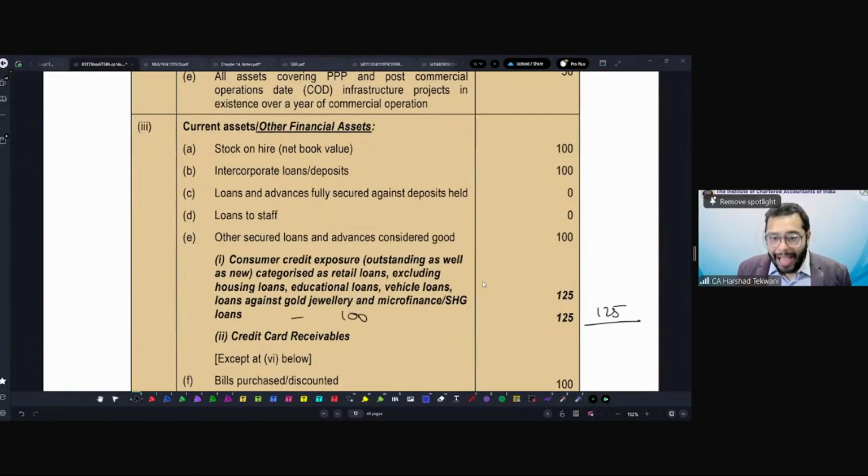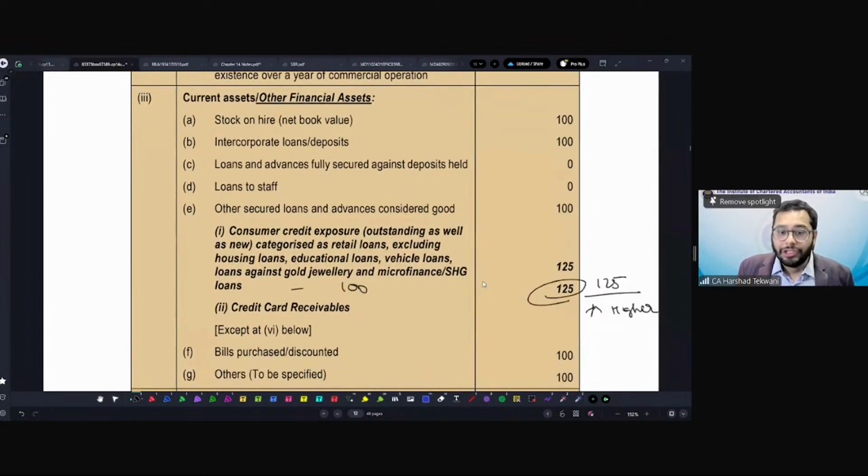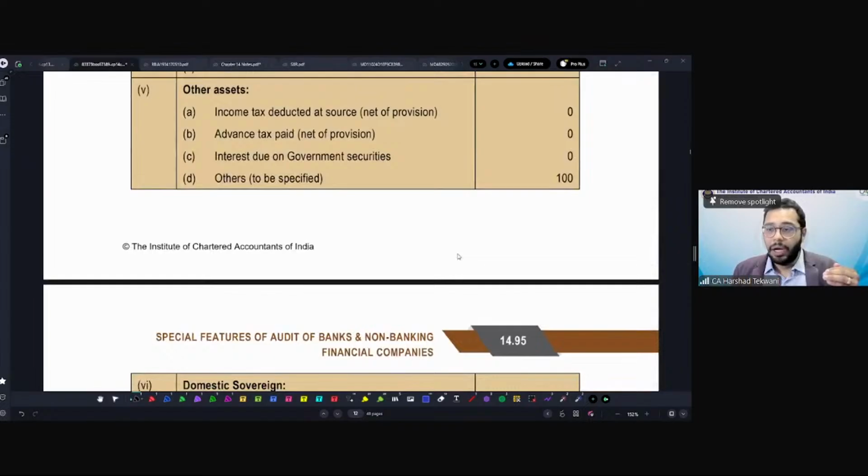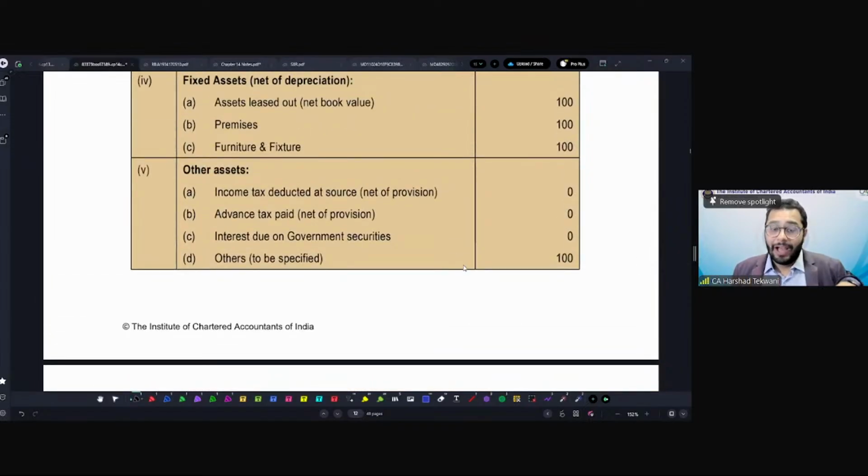Now, if the total is higher, your requirement to maintain tier 1 and tier 2 capital will be higher because your risk is higher. That's why you need to maintain higher capital. That is how the 10 and 15% calculation works. Once you calculate on the basis of asset weightage and total it out, only then will you know what tier 1 and tier 2 capital you are required to maintain.